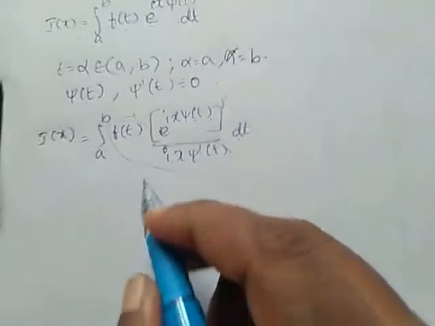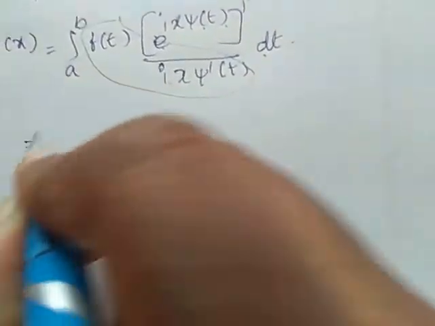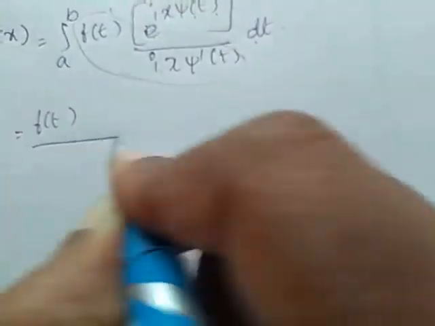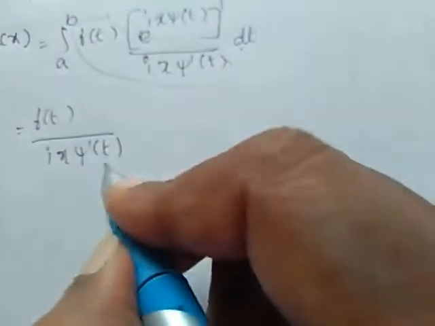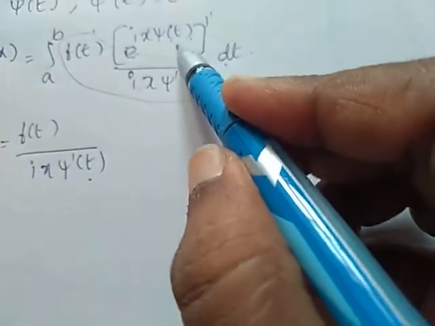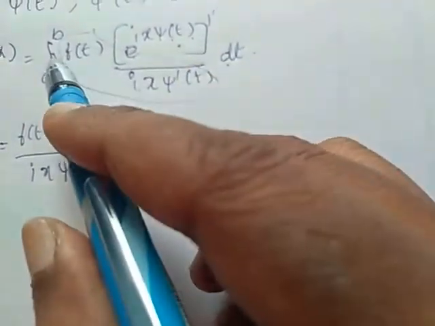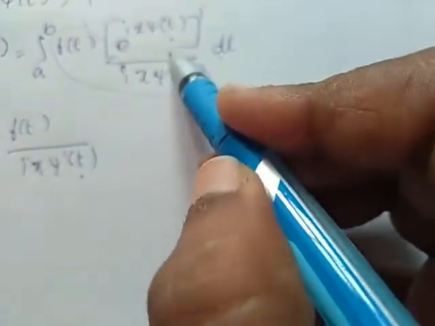When we apply integration by parts, we have f of t divided by i x xi dash of t, which is our u and remains as it is, times the integral of v. The integral of uv is u into the integral of v.